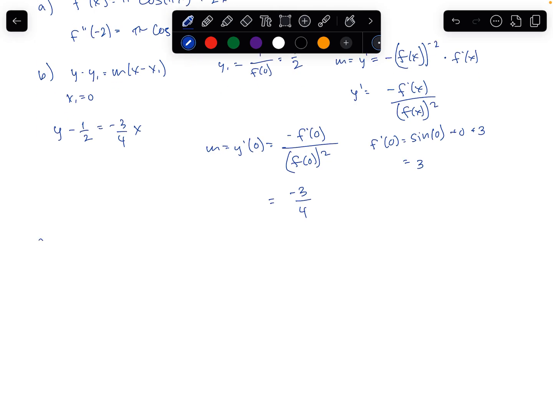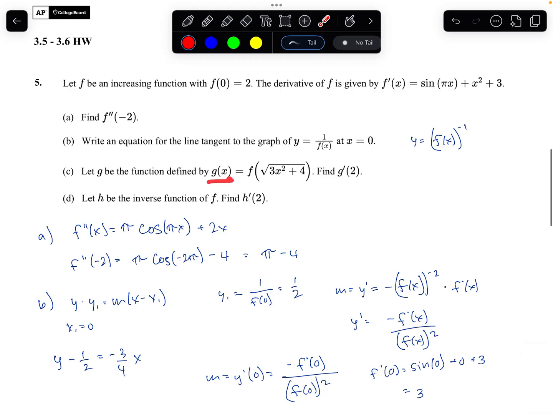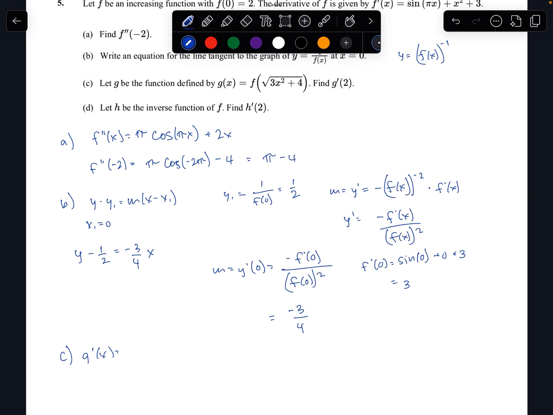So for C, let g be the function defined here. Find g prime of 2. So let's find g prime. So g prime of x is going to be equal to, so we'll need the chain rule. We'll have to take the derivative of f first. So that's going to be f prime of the square root of 3x squared plus 4.